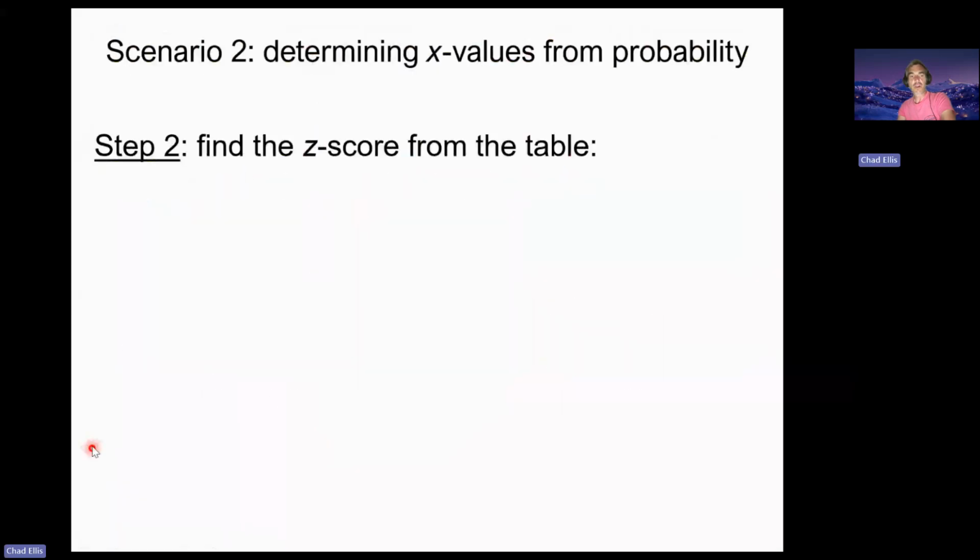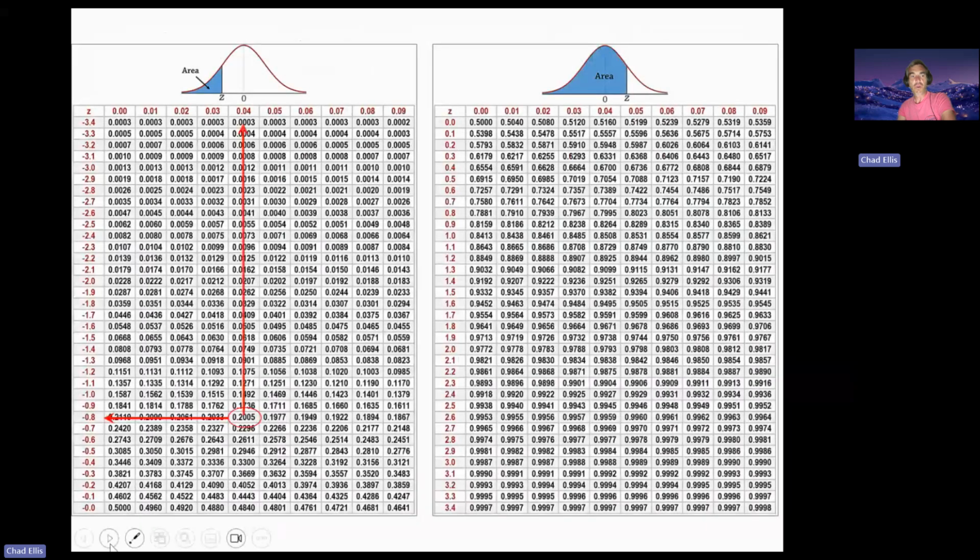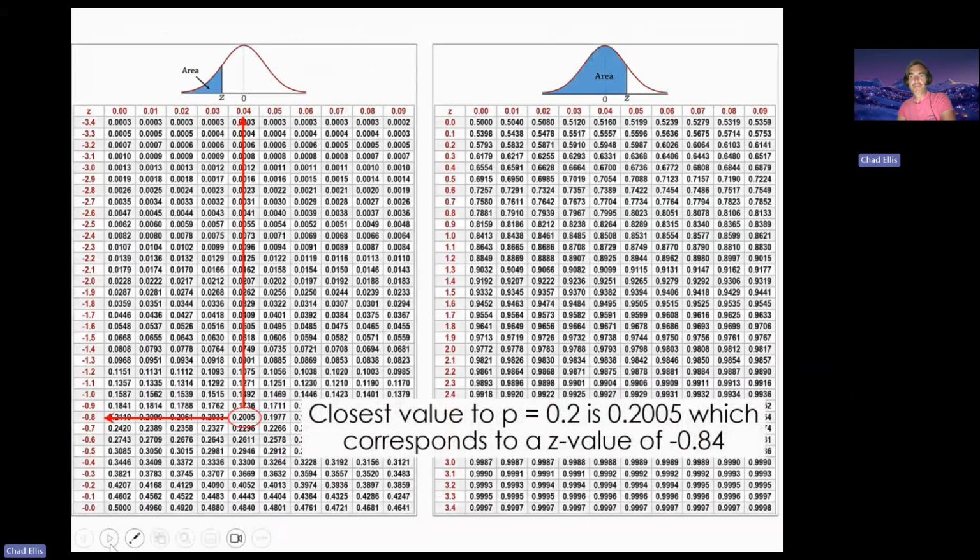So let's find the Z-score from the lookup tables. This time, we're looking for a probability of 0.2. The closest value in the table here is 0.2005, which corresponds to a Z value of minus 0.84.